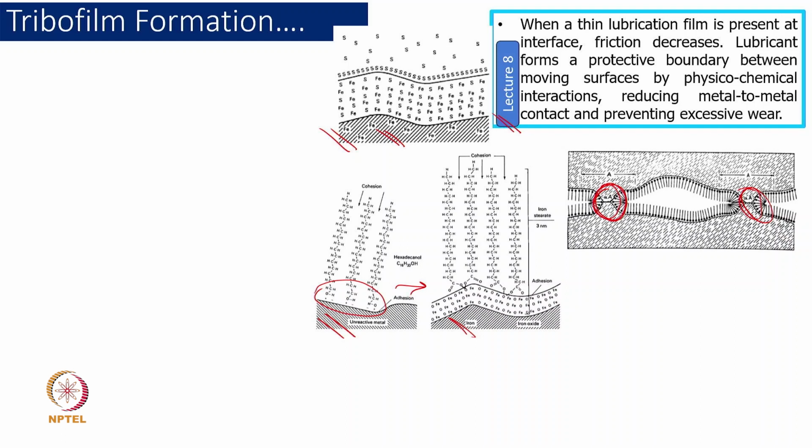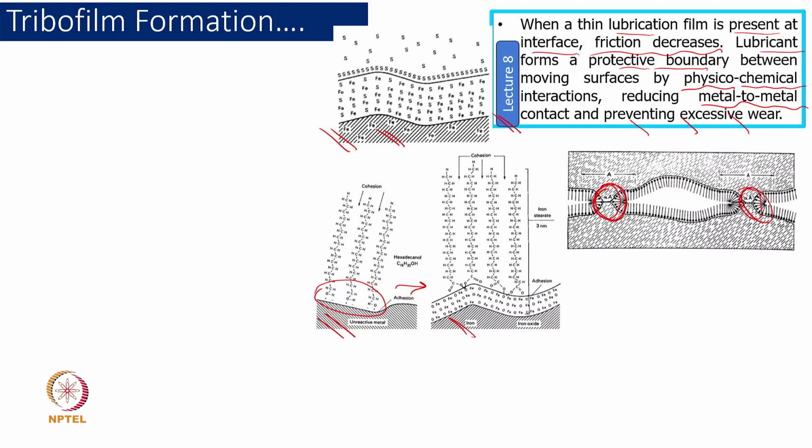and then chemical reactions. So what we say is, when a thin lubricant film is present at the interface, friction decreases, or we can control it also. Lubricant forms a protective boundary layer between the moving surfaces by physical means, that's physical adsorption, or chemical means, that means chemical action or chemical reaction, to reduce metal-to-metal contact and prevent excessive wear.